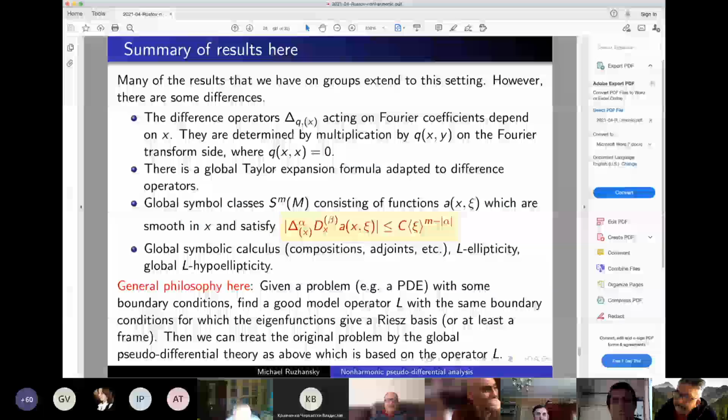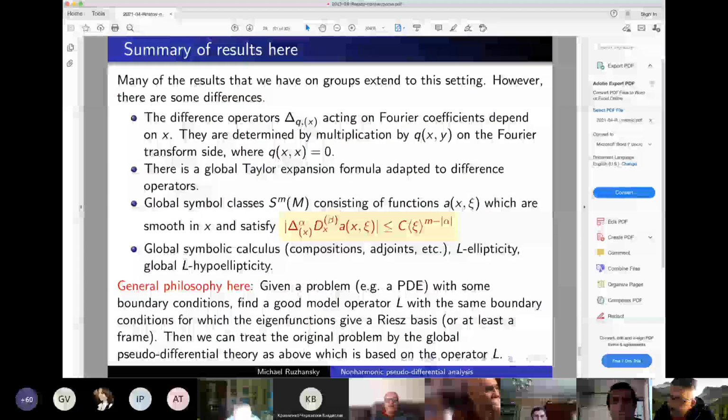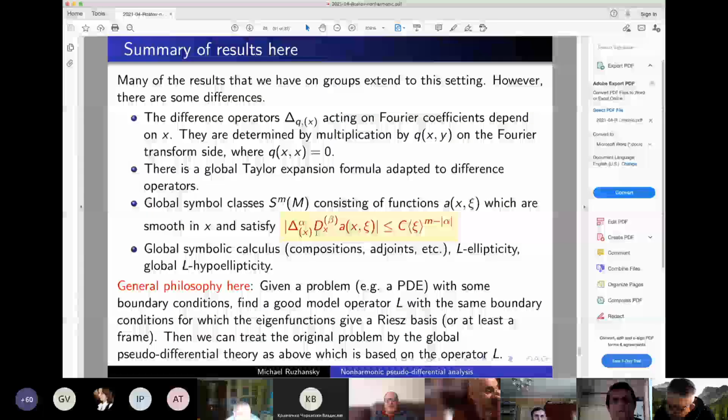But once we have these difference operators, we can define symbol classes, and in these symbol classes we have full symbolic calculus, compositions, adjoints, functional calculus, ellipticity, parametrices. We can also talk about hyperellipticity in these classes, and we can apply it to differential equations.